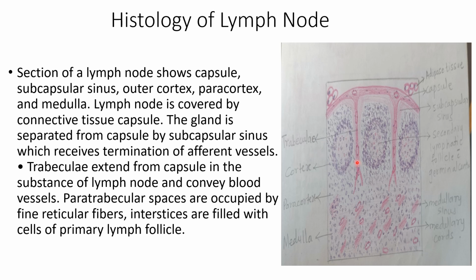They convey the blood vessels, and the paratrabecular space is occupied by reticular fibers. They form a supportive framework in which the lymphatic follicle is present.